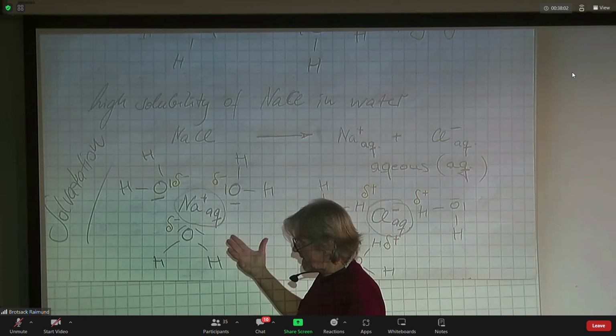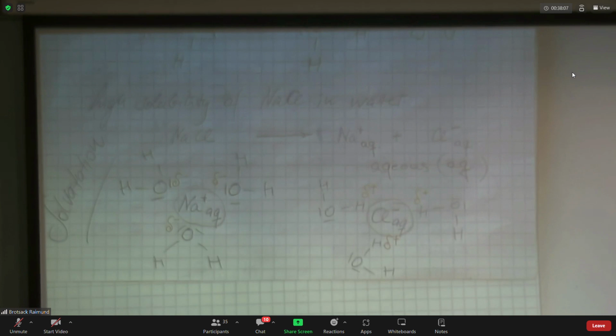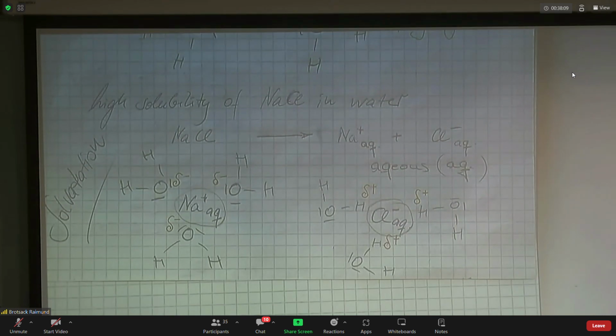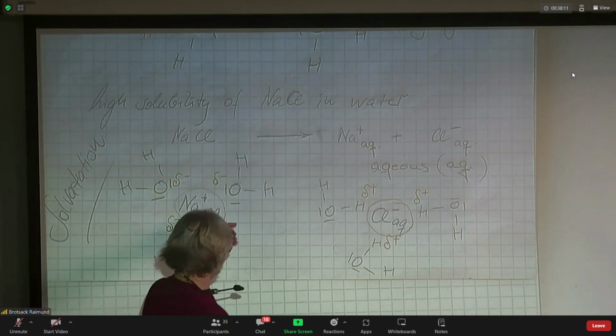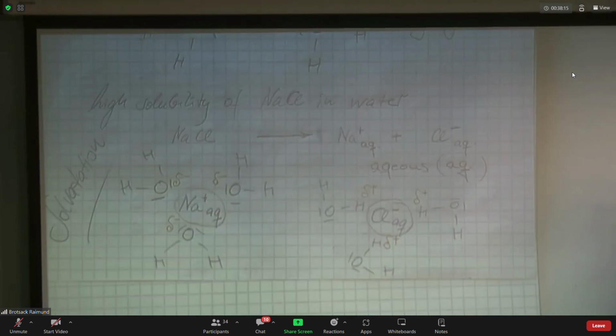And this is the case because we have different electronegativities. So the oxygen has a higher electronegativity compared to the hydrogen.